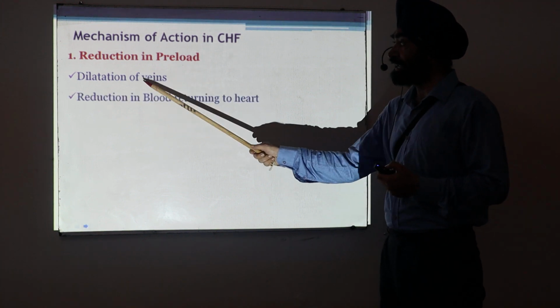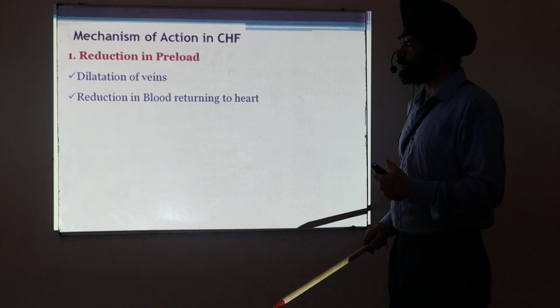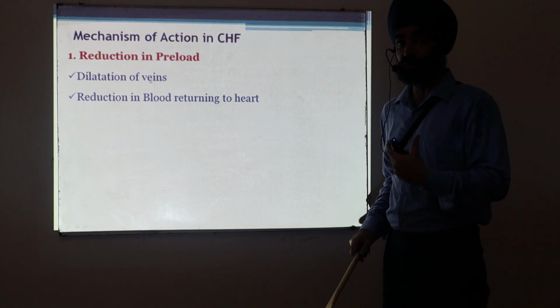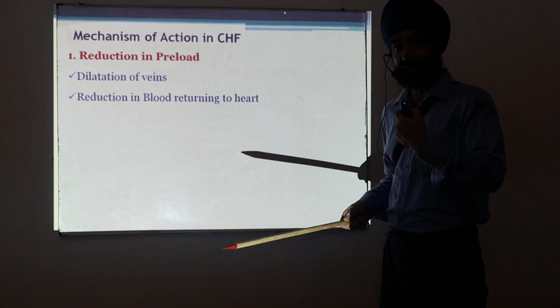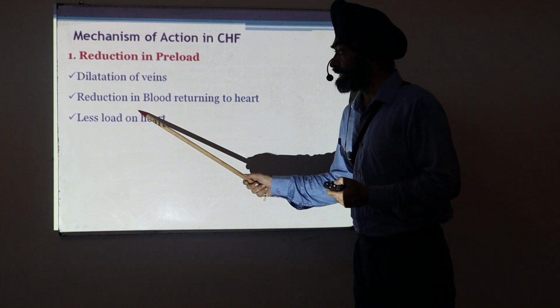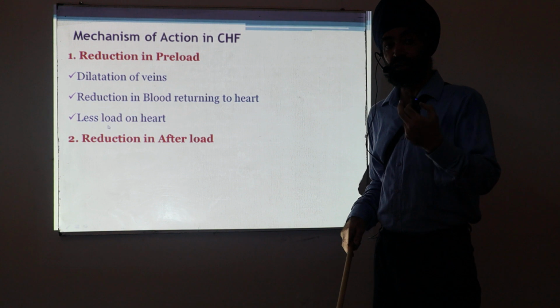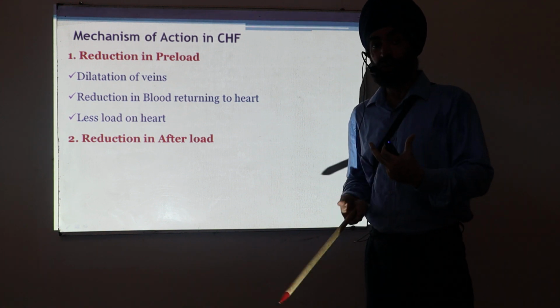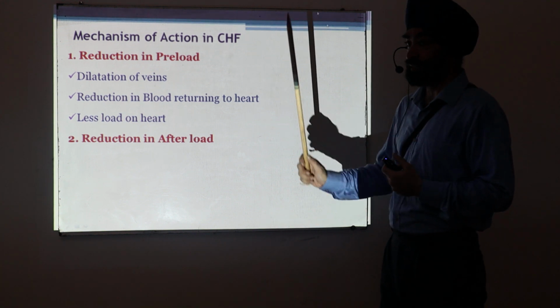If the veins are dilated, the amount of blood going to the heart will be reduced, because veins return the blood to the heart. So venous return will be reduced. If venous return is reduced, there is less load on the heart. As a result, heart contractility will be better. Okay, so this is one mechanism.